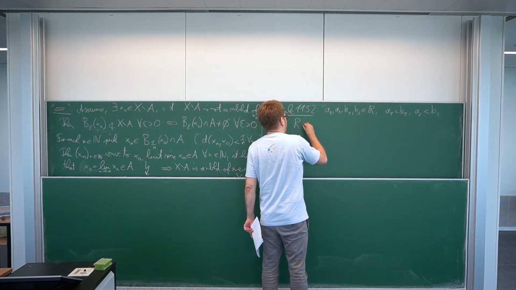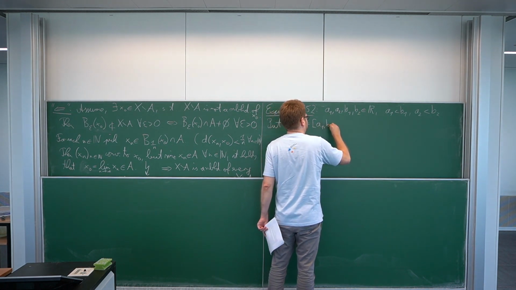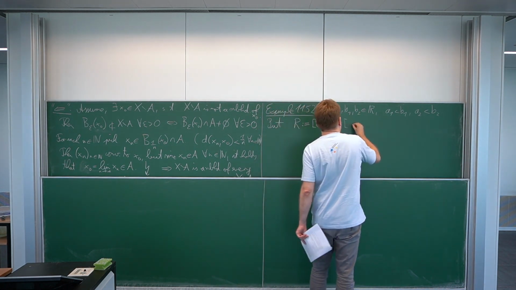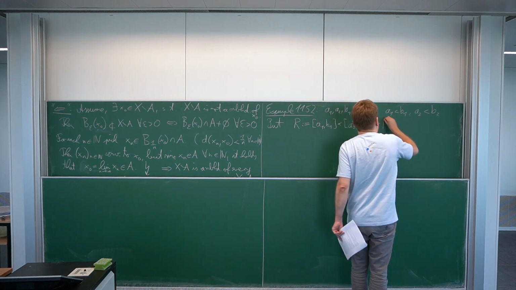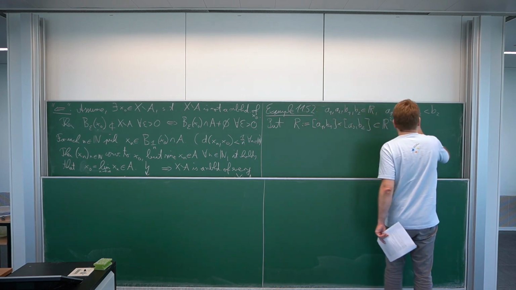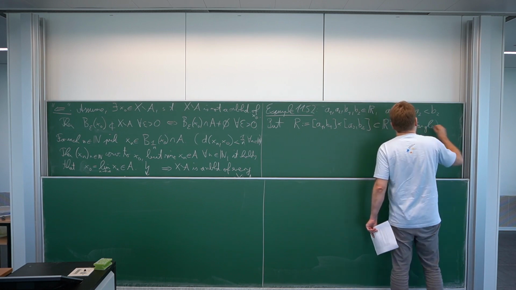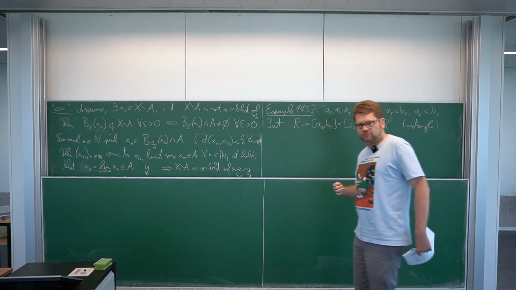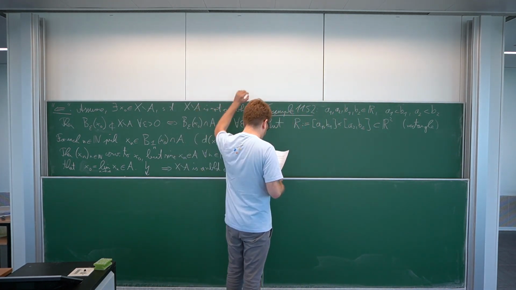Now we put R to be the product of the two compact intervals, [a1, b1] and [a2, b2], as a subset of R2. This is a rectangle geometrically. So this time we include the boundary curve, which we didn't do for the open rectangle that I had previously.